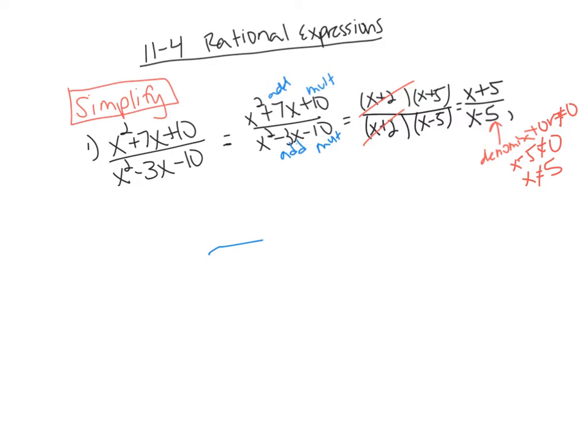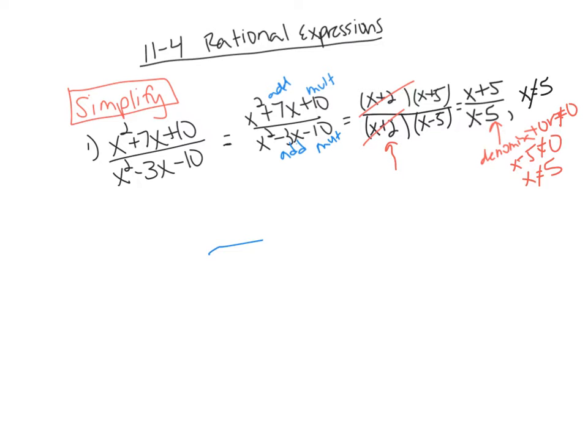Yes, this expression simplifies to x plus 5 divided by x minus 5. But because the denominator can never be 0, we have to tack on that x has a restriction on the domain. x cannot be positive 5. Now, not only can the simplified denominator not be 0, no denominator at any point can be 0.